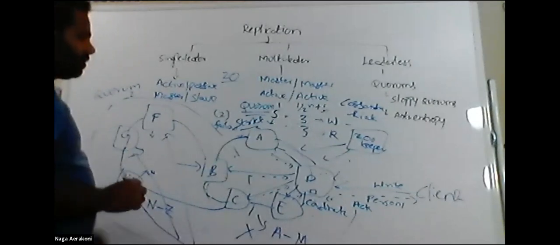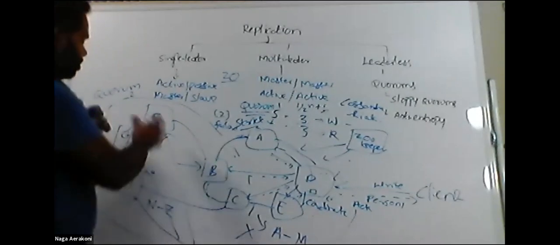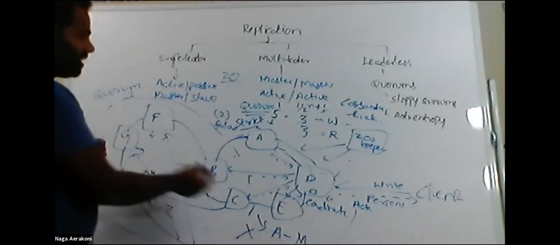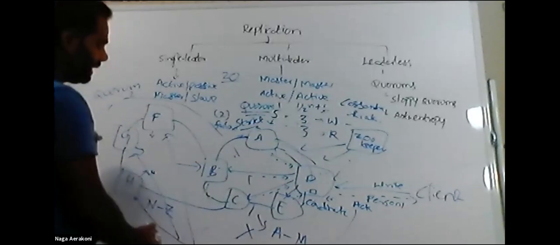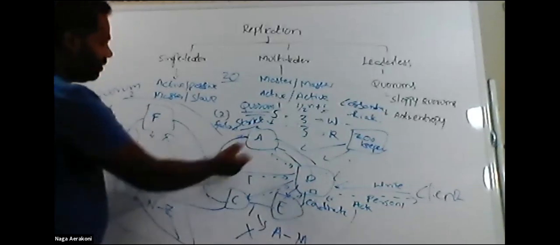They are not storing it permanently. Once these nodes figure out that A, B, C are up and back again, they send the data back to A, B, C.